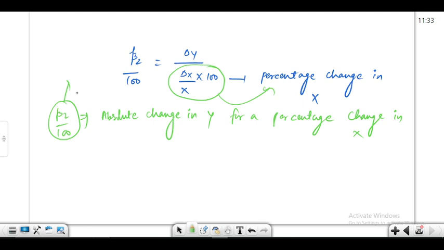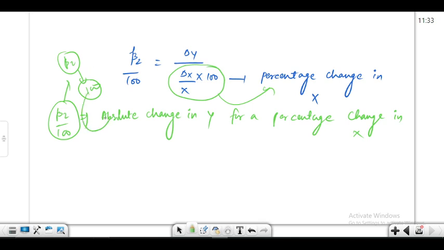If you see a regression equation with all the coefficients given, how do you interpret the coefficient, especially your beta 2? You'll divide beta 2, whatever coefficient is associated with the x variable in the regression equation that you have estimated, by 100.